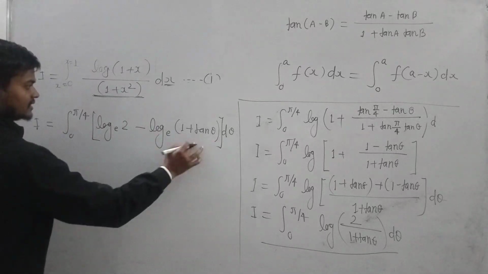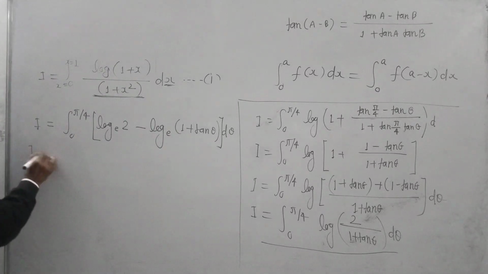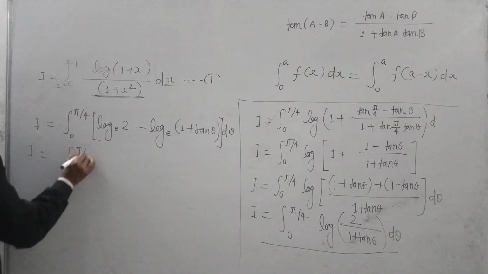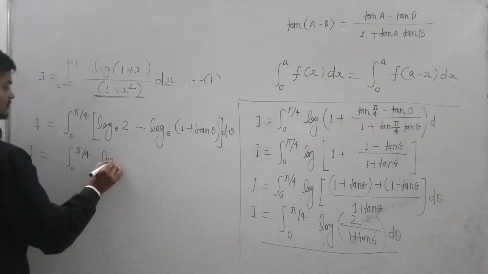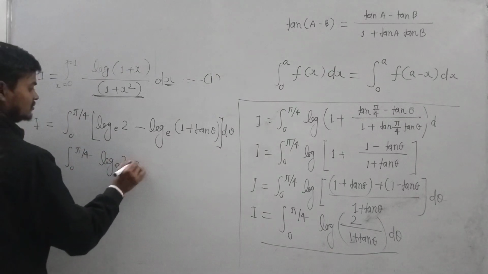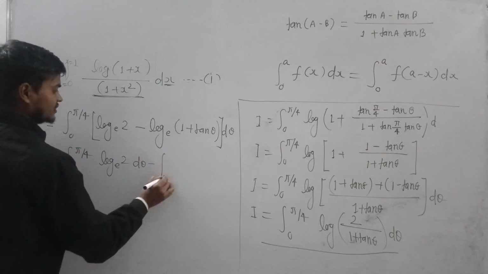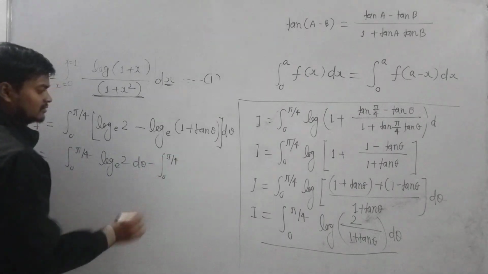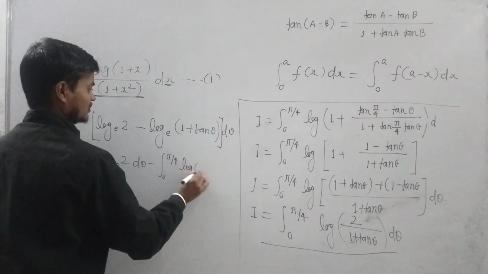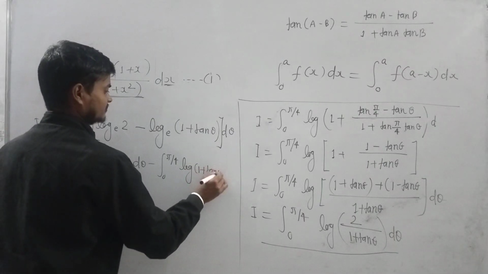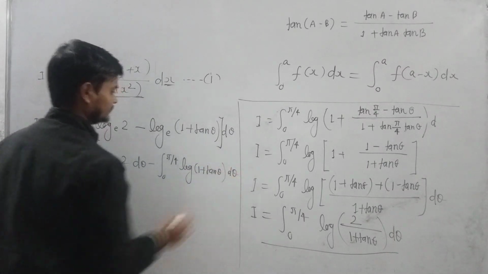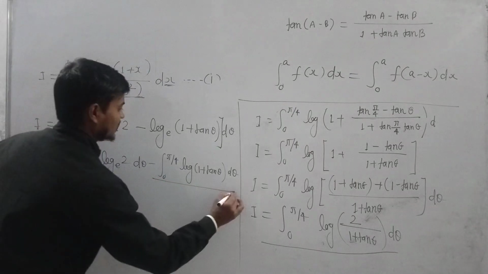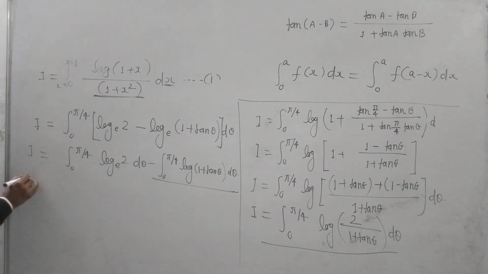This is I equal to 0 to pi by 4 log 2 d theta minus 0 to pi by 4 log of 1 plus tan theta d theta. This is equal to I from equation 2.